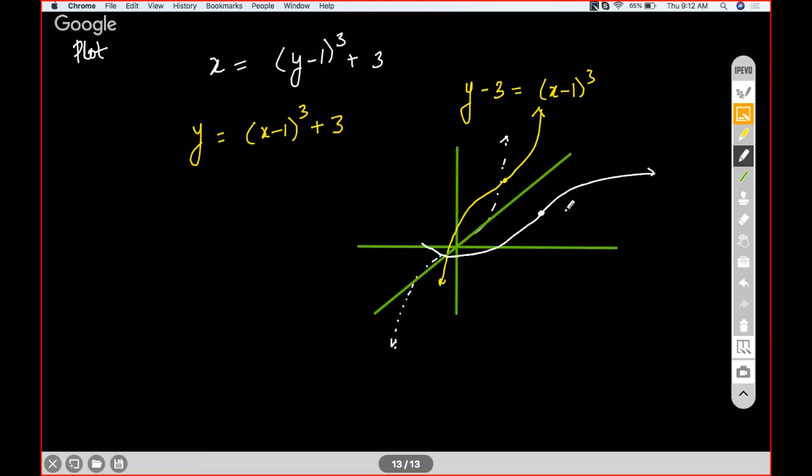So this point will become (3, 1). So it'll be like this. Is that fine? Yeah. This is how you got it? Yeah, got it. (3, 1).